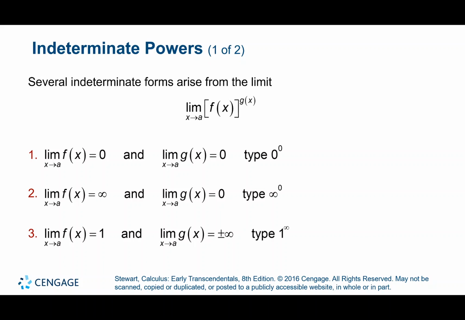An easy example there would be x to the x, or if we had e to the x squared or something like that. We can get in other indeterminate situations like the limit of 0 to the 0, or infinity to the 0th power, or this one you might not even think about being indeterminate, the limit of 1 to the infinity power. It's just that we've got the infinity power that messes that up.